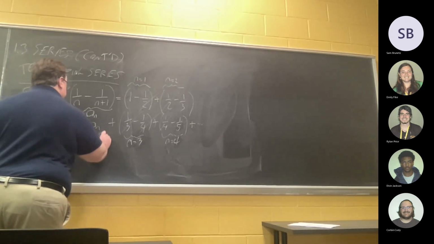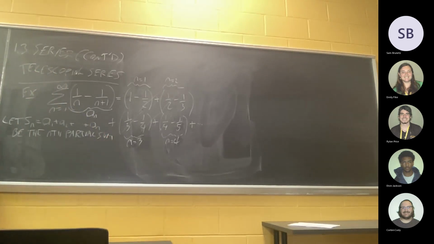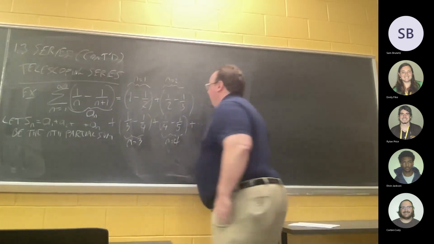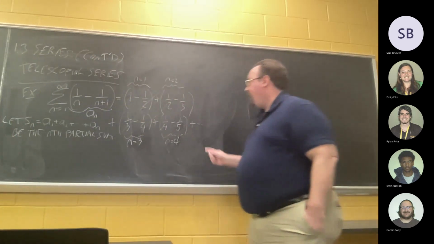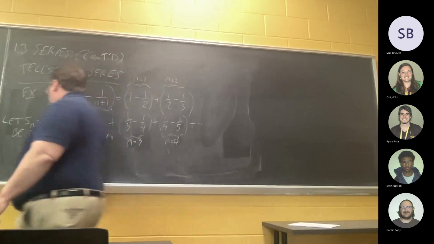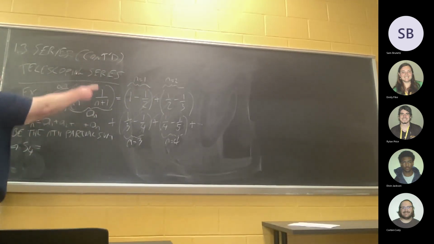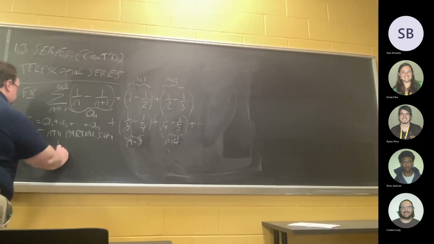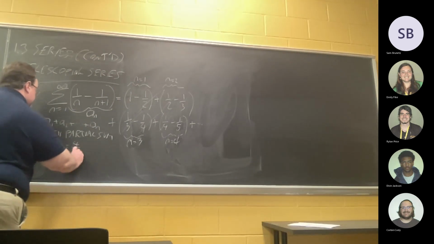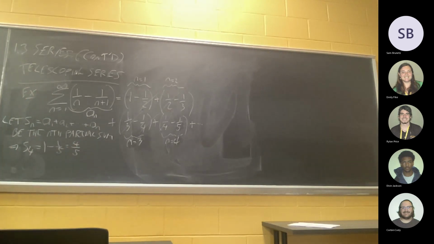Now, to refresh your memory from last time, partial sums are essential because a series converges if and only if the sequence of partial sums converges. So what we have here is the sum of a1, a2, a3, a4. So we could say that the 4th partial sum is equal to whatever didn't cancel. So 1 minus 1/5, or 4/5. Okay.